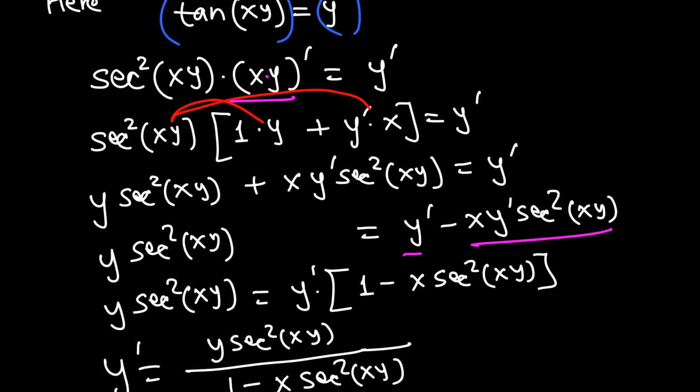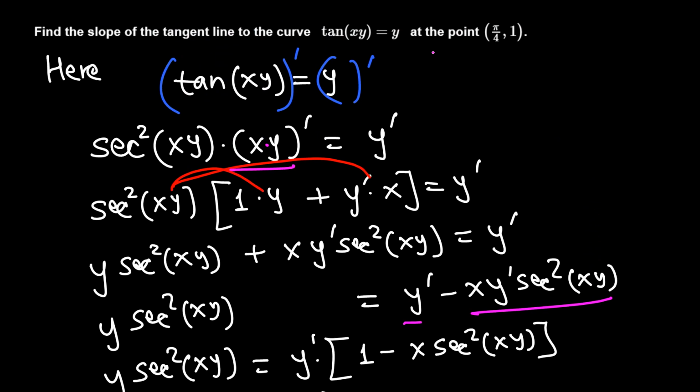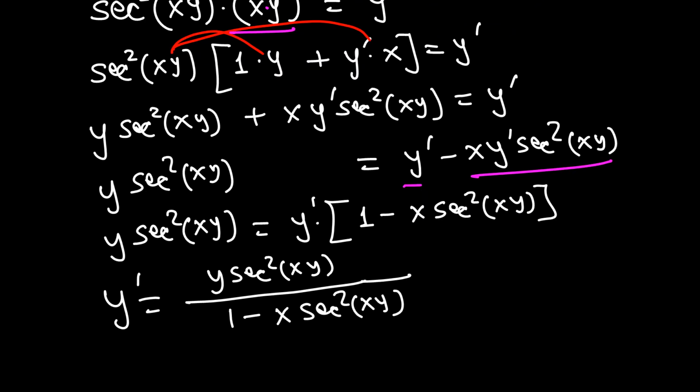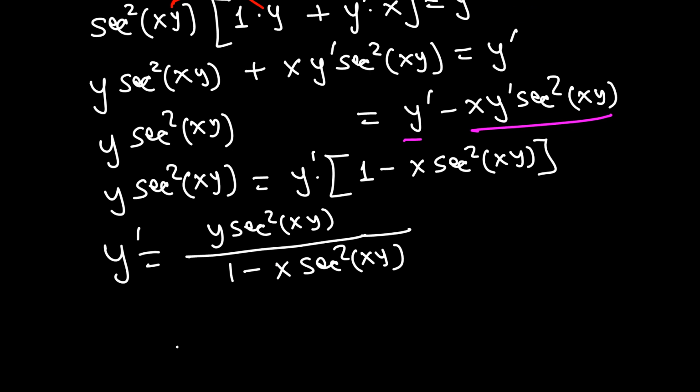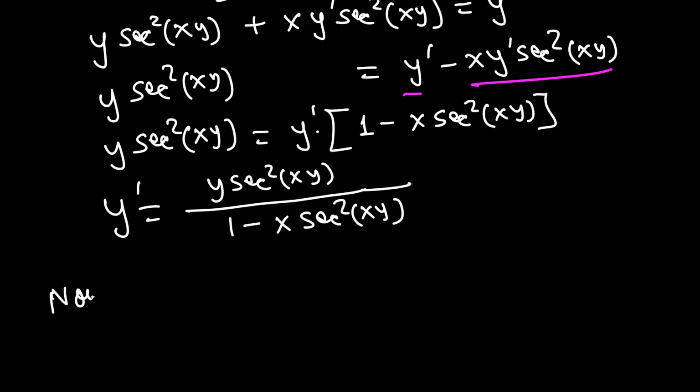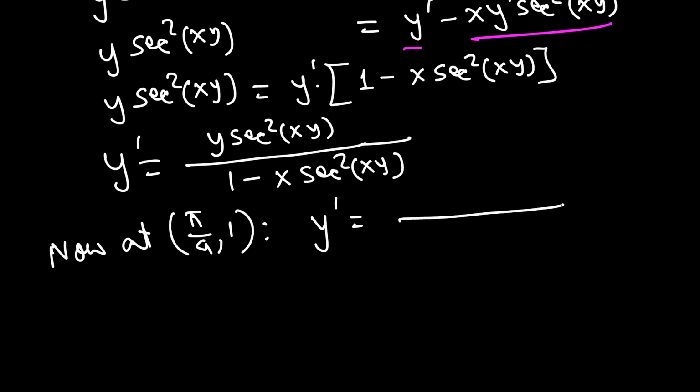But if we read the question here, we need to find the slope of tangent line at pi over 4, 1. So x equals pi over 4 and y is 1. That's what we need to plug in here. Now at pi over 4, 1, this y prime, slope of tangent line, is: y is 1, secant square x times y.